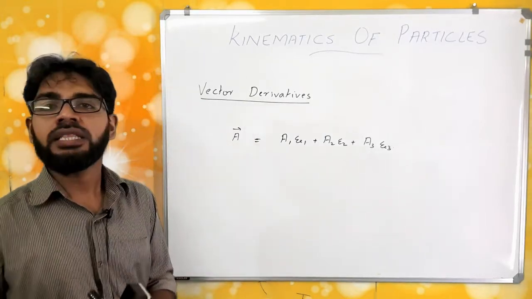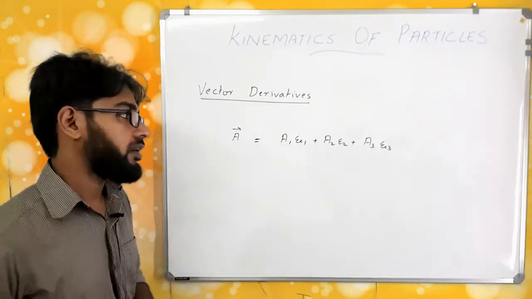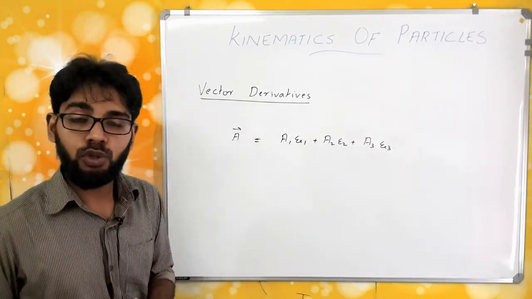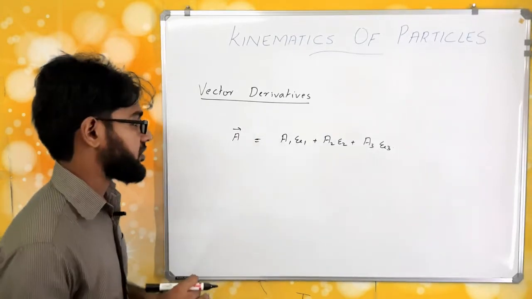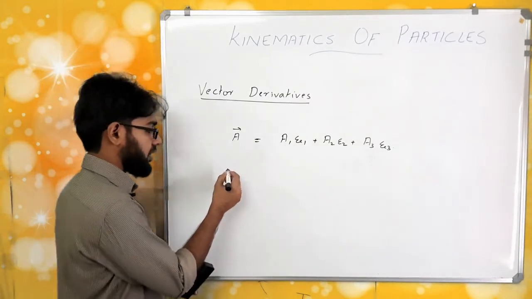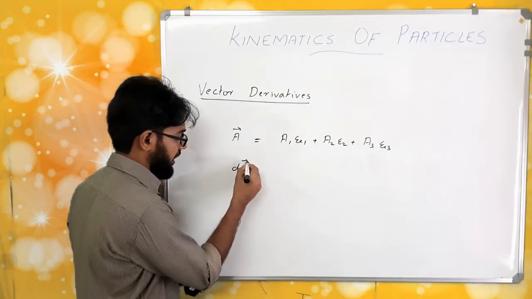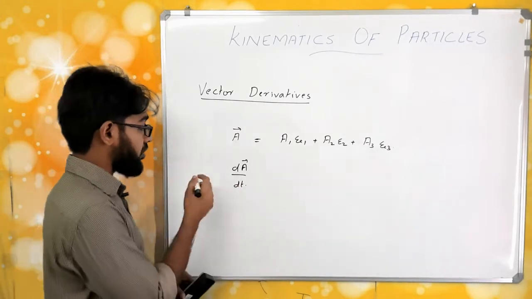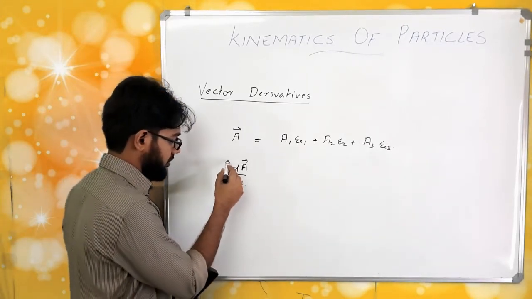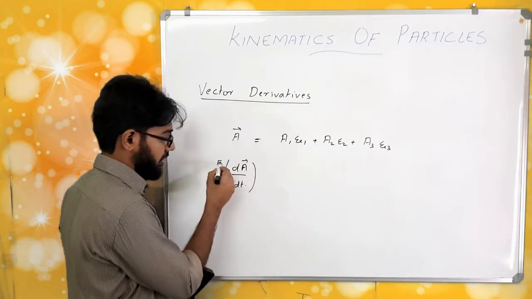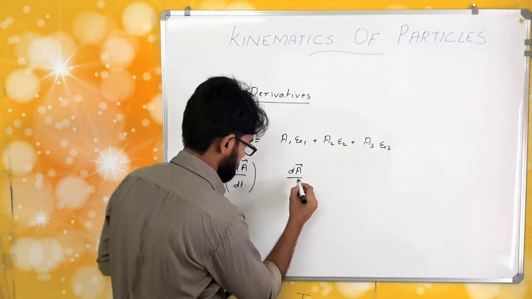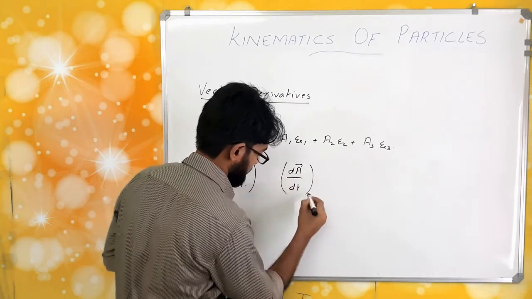Now, when I take the derivative of a vector, in case we are dealing with multiple reference frames, it is important to specify the frame of reference. So, when I take the derivative, say dA by dt, I should specify the corresponding frame of reference, either here, or I can specify here.